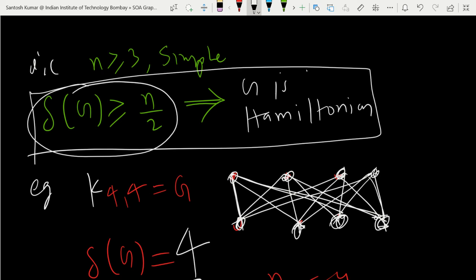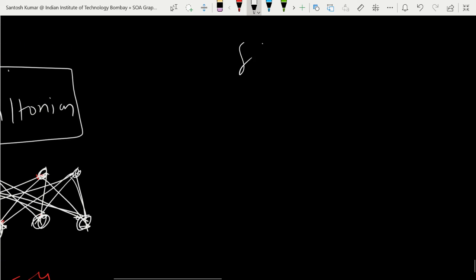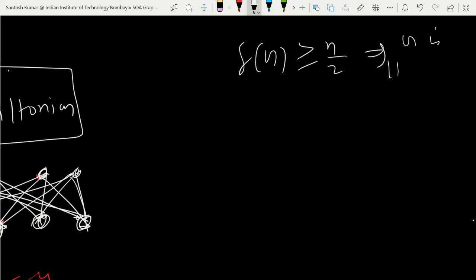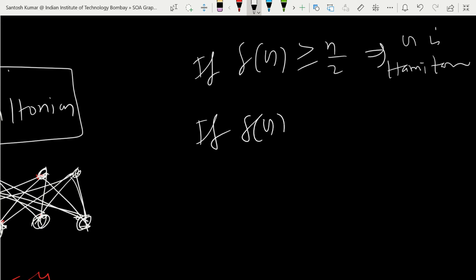See, this is a sufficient condition, not necessary. It means if delta G is more than n by 2, then you are sure G is Hamiltonian. But if this doesn't hold, if it is less than n by 2, then you can say nothing.